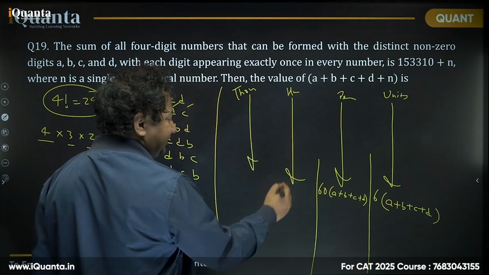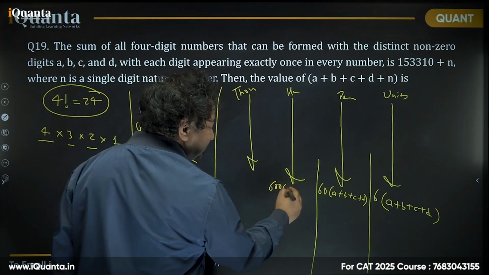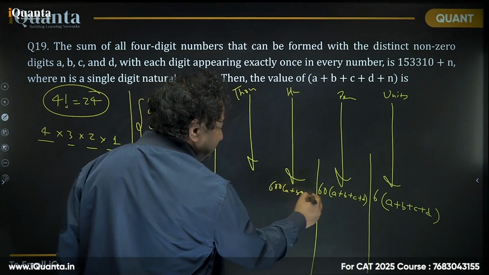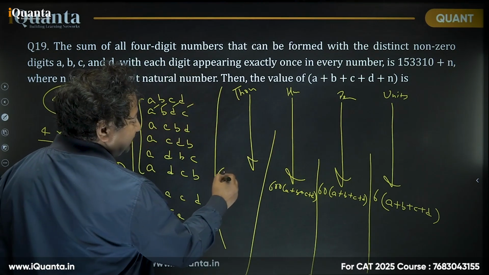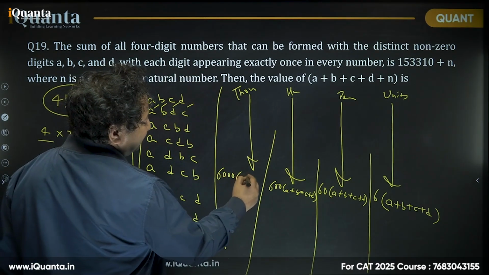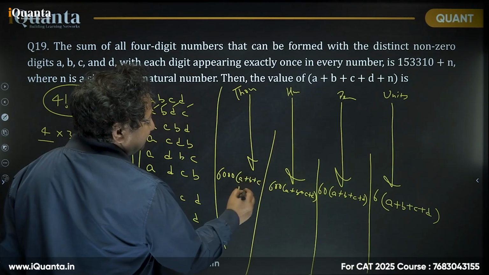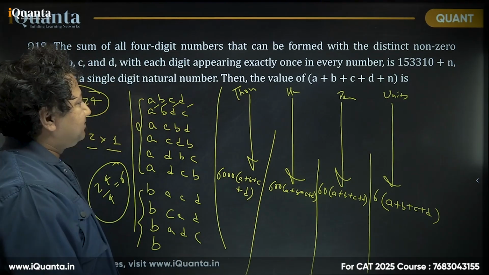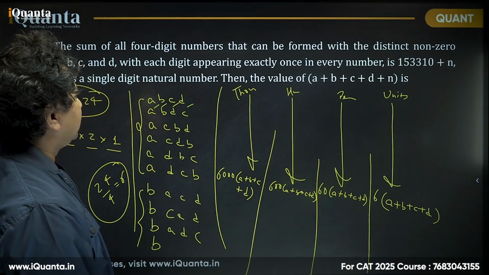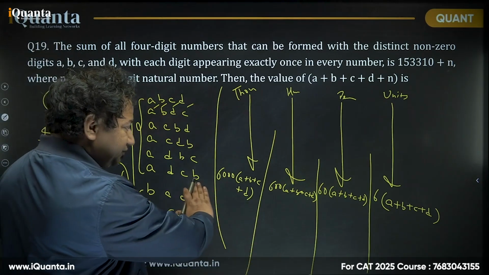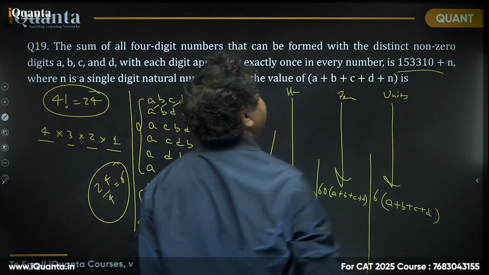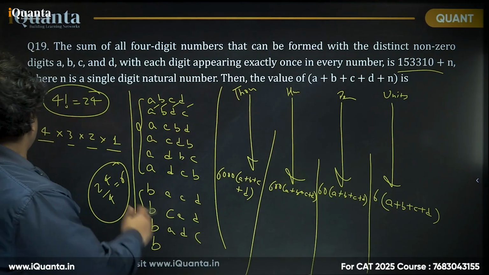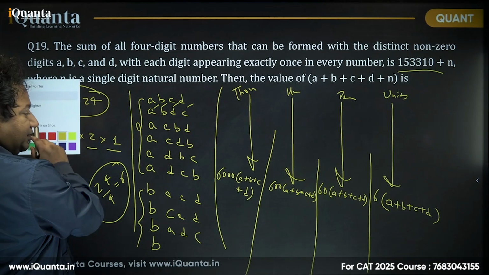Similarly, here it's 100 times, so I'll get 600 times A plus B plus C plus D. Here I get 6,000 times the same thing. Interesting question. How many of you attempted that? And if I add all of it, I'll get something equal to 153310 plus n.